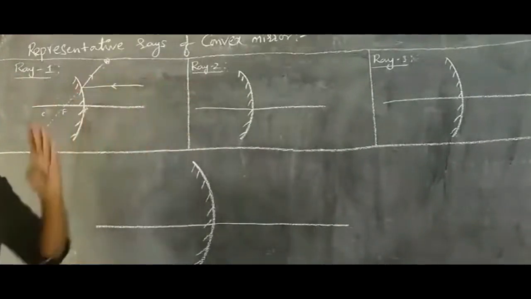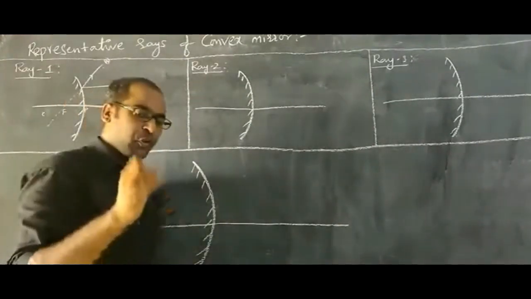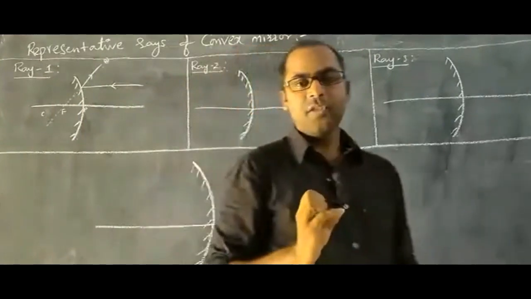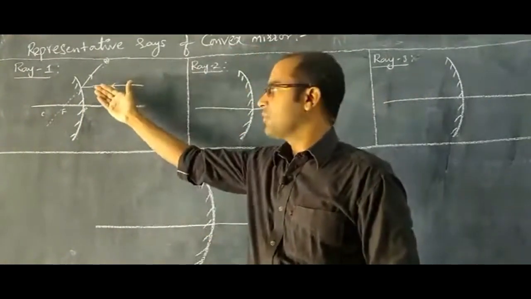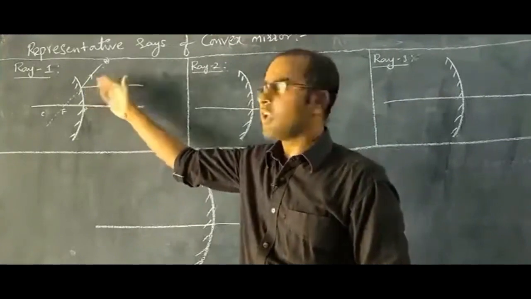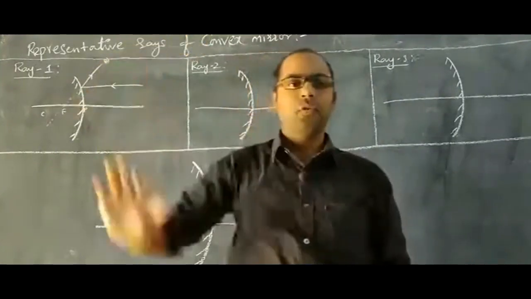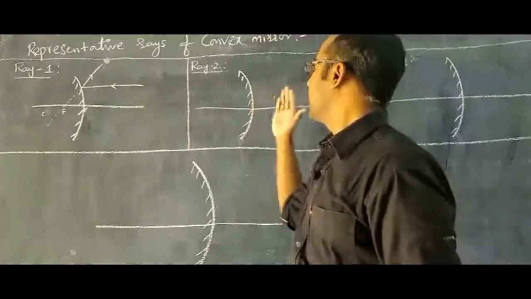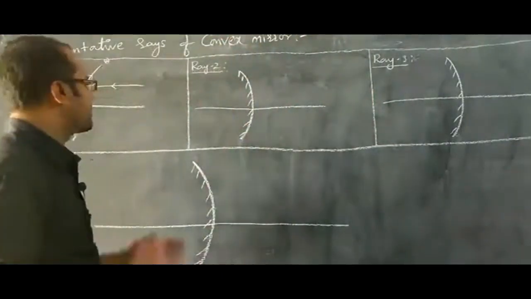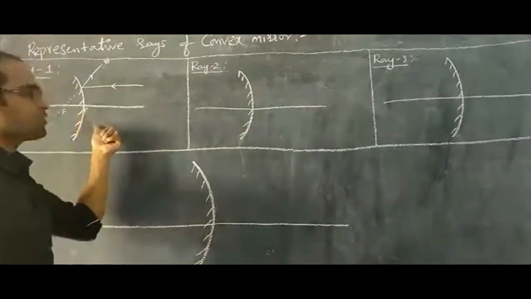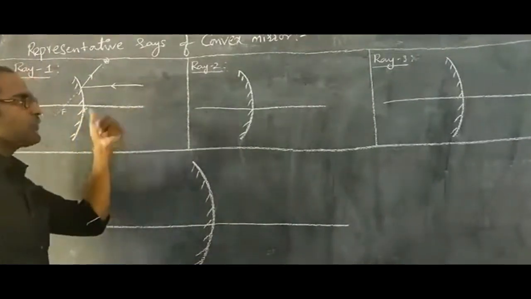So what is the first ray? When a ray parallel to the principal axis gets incident on the convex mirror, after reflection it appears to pass through the focus. Next, ray 2. Here we take the converse of the first ray.